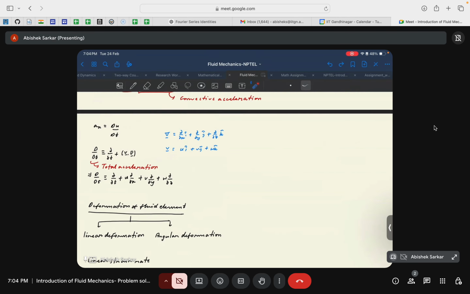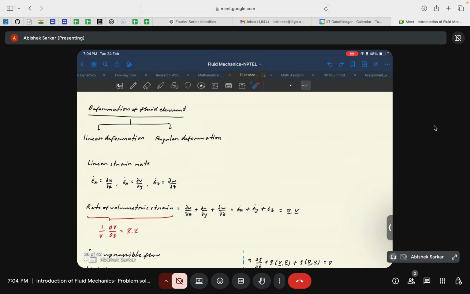Now let us come to the fluid deformation part. There are two types of fluid deformation. We discussed the angular deformation a bit when we were discussing the shear stress. So now we can understand that the shear stress will give you the angular deformation, and normal stress would give you the linear deformation. I think the correlation is now quite well understood.